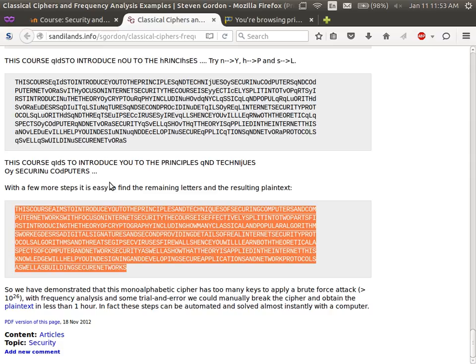This example on paper may take a couple of hours. With a computer it would take a few seconds if you could automate the process. So a brute force attack would take hundreds of centuries, but a frequency analysis attack on a monoalphabetic cipher is possible in terms of seconds. So this cipher is still not secure.